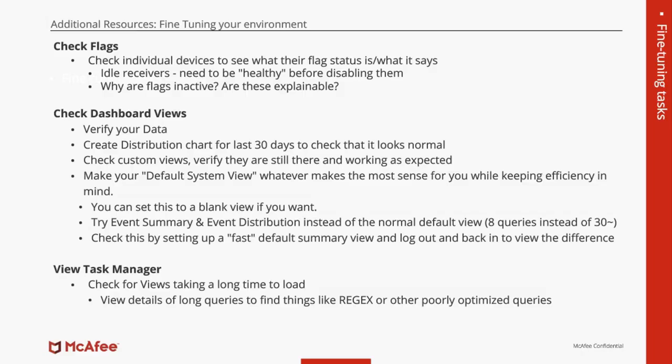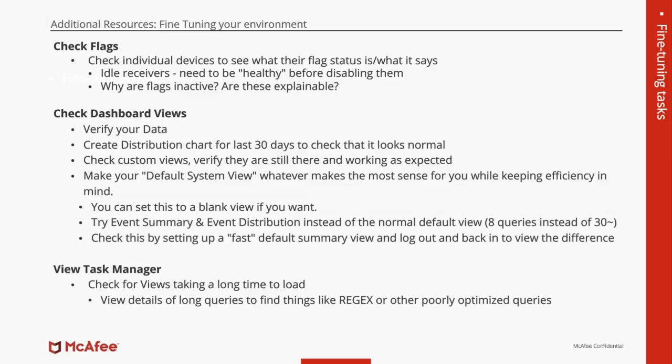Another good idea is changing your default system view. Set that to whatever makes sense to you, with efficiency kept at the forefront. So every time you log in, if it makes sense to just have a blank view, you should set it up like that. If you need a certain other view, then change it to that.